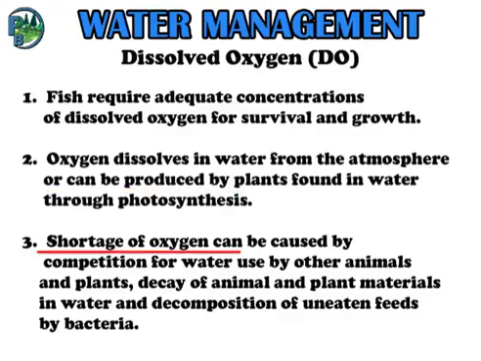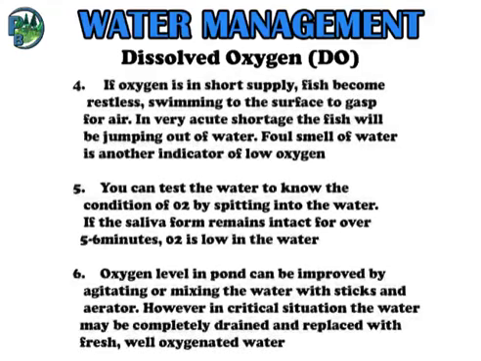3. Shortage of oxygen can be caused by competition for water use by other animals or plants, decay of animal and plant materials in water, and decomposition of uneaten feed by bacteria. 4.